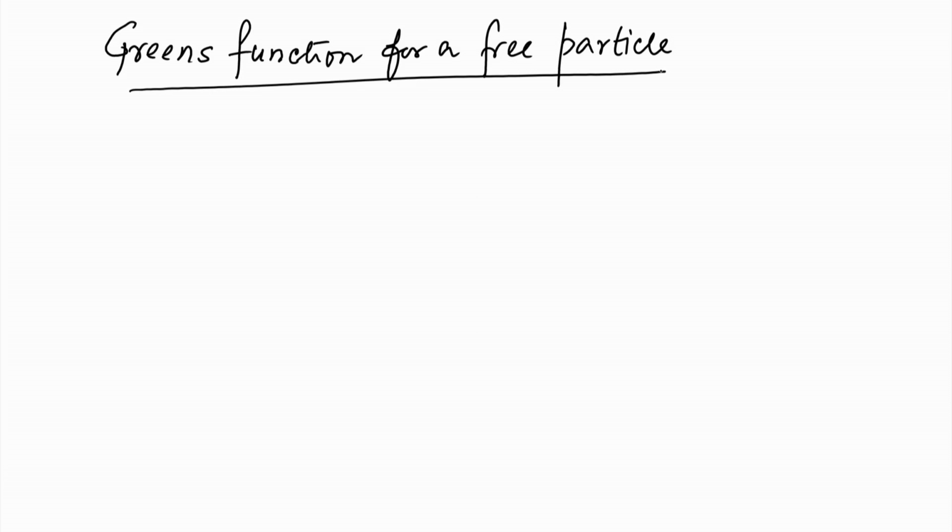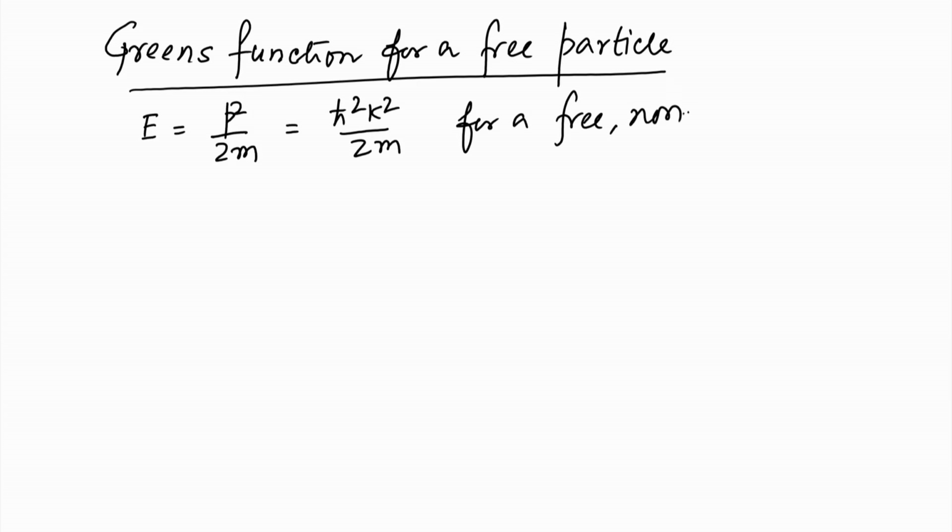Just for your information, a free particle means that the energy-momentum relationship is given by E equal to p square over 2 m, which is equal to h cross square k square over 2 m for a free non-relativistic particle. For this, the basis function is a plane wave.